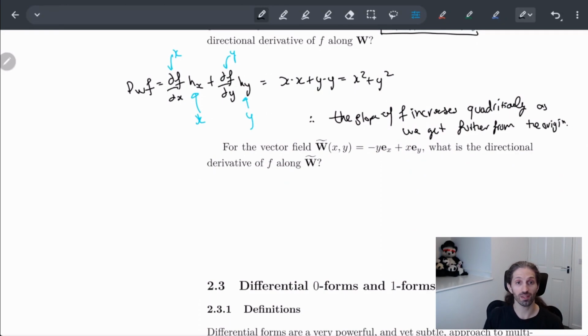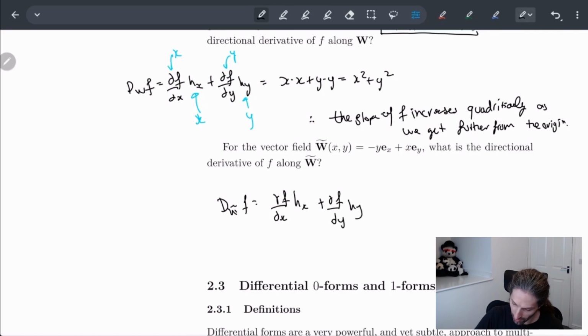So we can do the same thing with w tilde. So what is w tilde of f? Again, here we're going to write this out, h_x plus y, h_y. So what are these? Well, the derivative in this case is the same derivative of f from before.